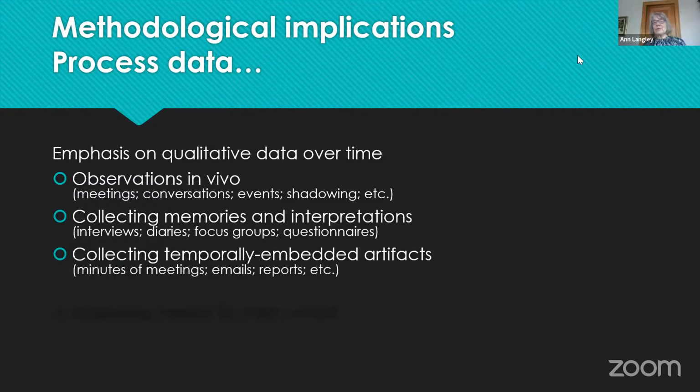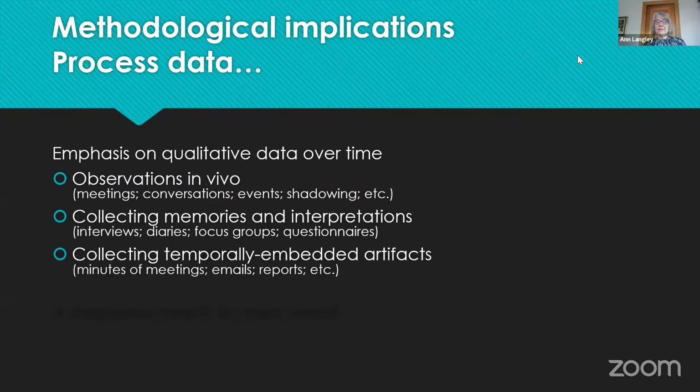So these three, I call them the big three, sources of data for qualitative research more generally and for process research more particularly. We're going to be using them if we want to develop process understandings.